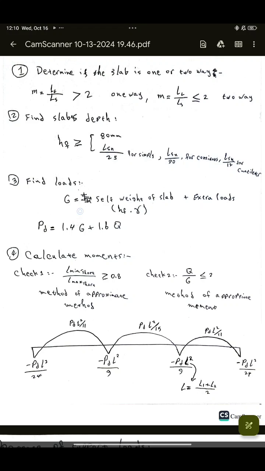The dead load is considered as the self weight of the slab, which is HF times the gamma or lambda of the type of concrete, where HF is the thickness, plus any extra loads that we have on the slab. If you remember, I told you the plastering will be considered in this case. So the plastering will be added here as extra load for the dead load. Then we will calculate it in this formula, which I think all of you know: 1.4 times the dead load plus 1.6 times the live load.